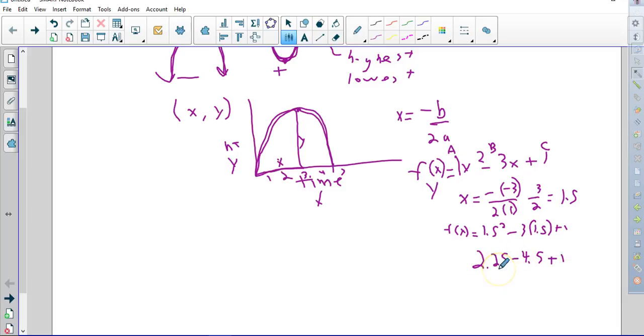So 2.25 minus 4.5 plus 1 equals negative 1.25. So what that's telling us is that the vertex of this parabola right here is at 1.5 for x, negative 1.25 for y.